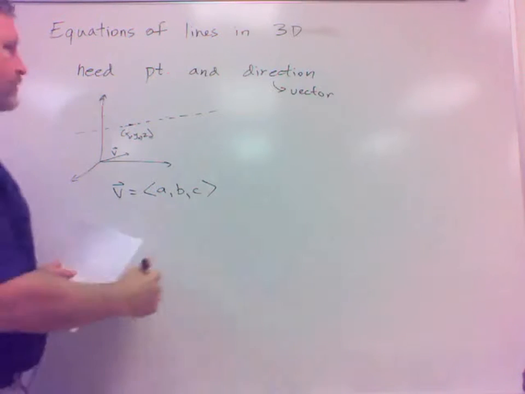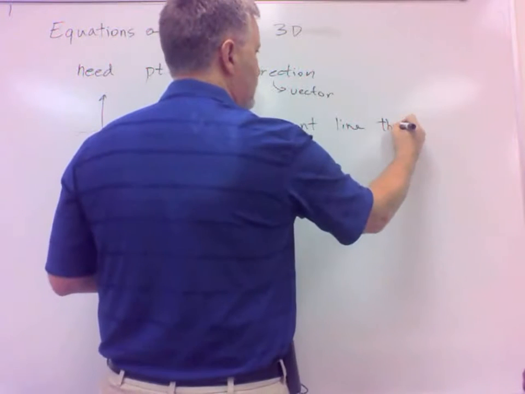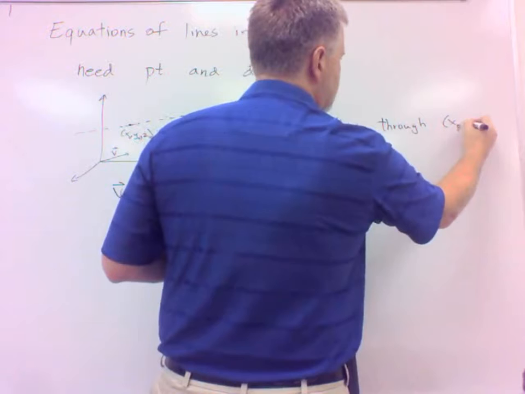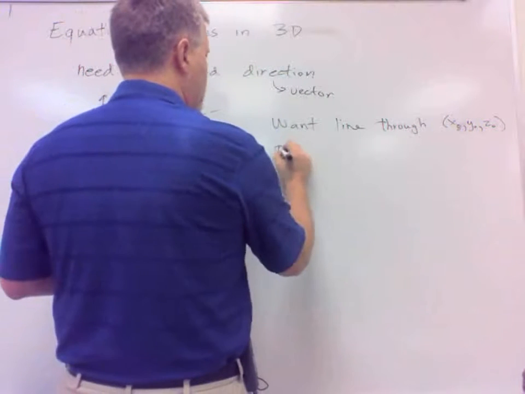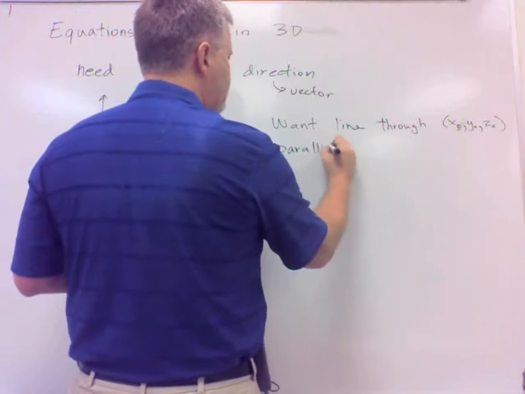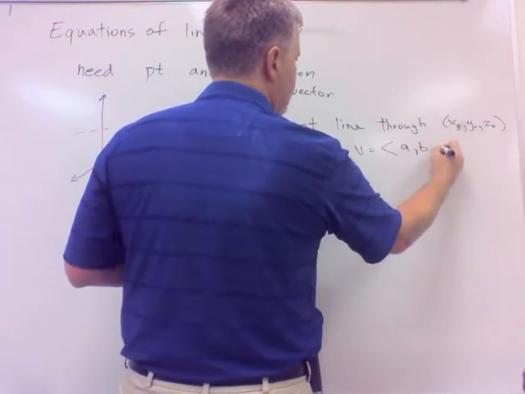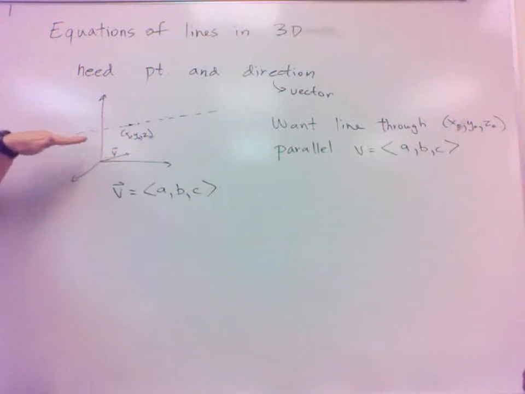All right, so we want a line through x0, y0, z0, and make it parallel to this v vector a, b, c. So we've got a vector like that, so that's going to make our line wherever we want it.